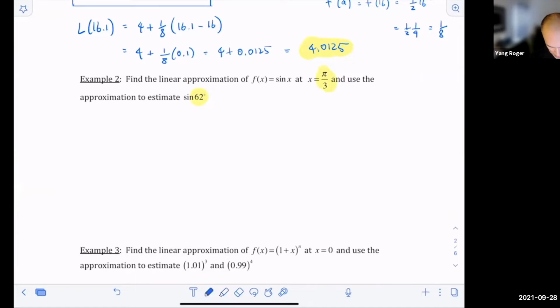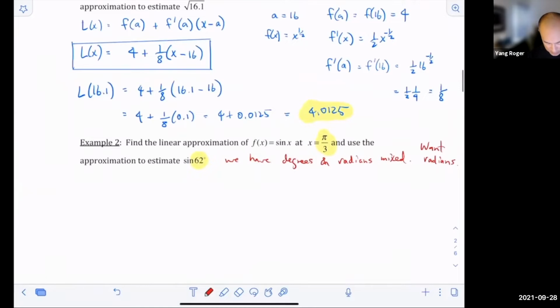Ultimately, we want radians. We always like to work with radians. I'll worry about that a little bit later.